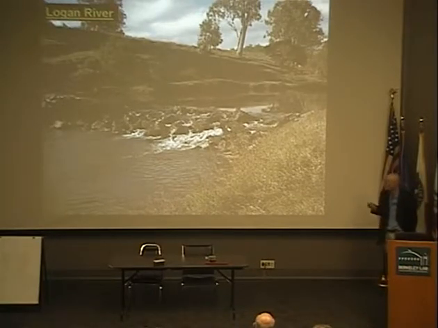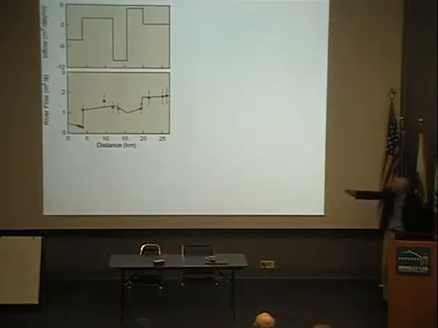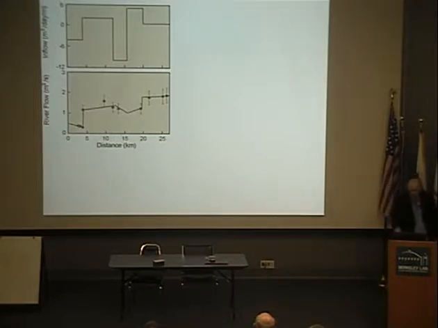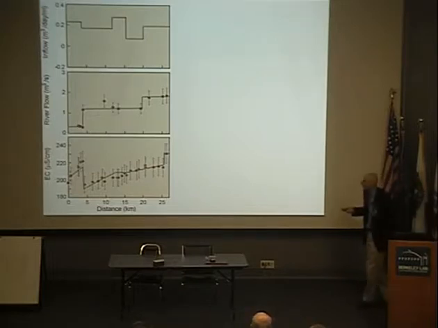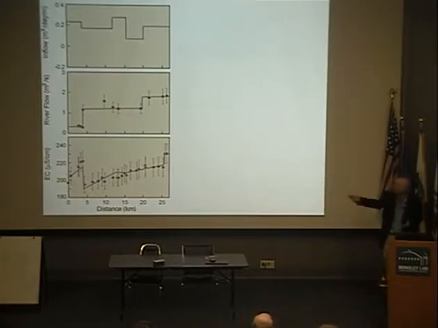So I want to show you first the results for the Logan River, which is another river, sort of similar size to the Cockburn that I've been talking about, in Eastern Australia. If we just fit the flow data, so these are the points of flow and the error bars, then we calculate the inflow and outflow just based on the changes in flow we measure. We then add EC data and fit the whole model again. And we now get quite a different picture of groundwater inflow. We actually get no areas where there's loss in this case.